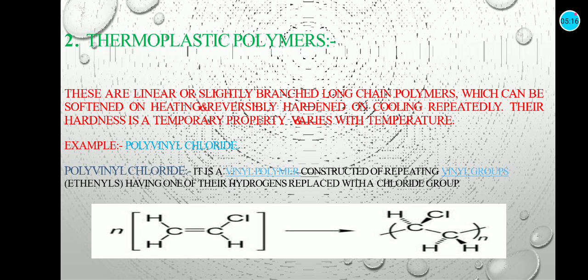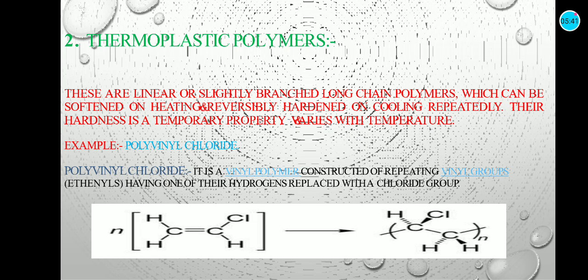Then thermoplastic polymers. These are linear or slightly branched long chain polymers which can be softened on heating and reversibly hardened on cooling repeatedly. Their hardness is a temporary property that varies with temperature.